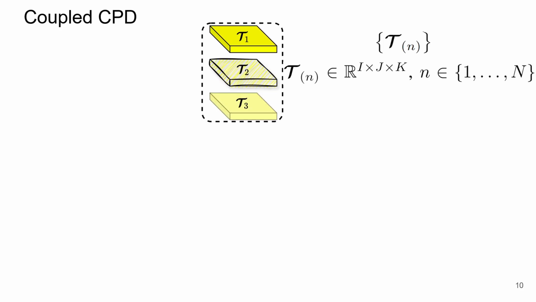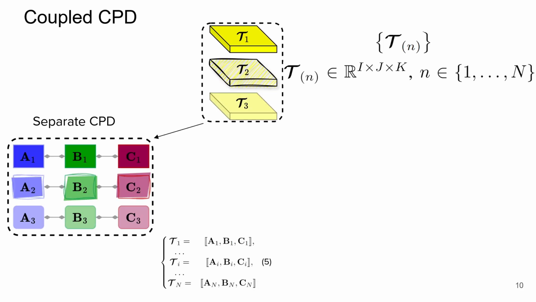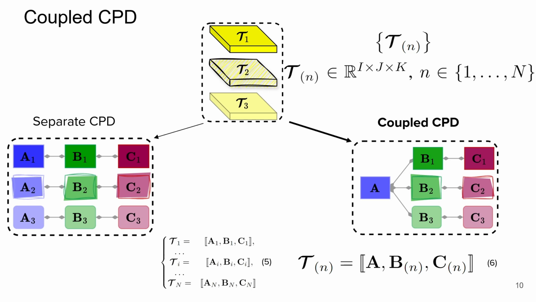Yes, the answer is the coupled canonical polyadic decomposition. Let us consider a set of three-order tensors. With the first approach, we can decompose each tensor separately as shown in equation 5. The second approach applies the coupled CPD, where the tensors are jointly decomposed along a shared mode. In our work, we focus on the first mode for the coupling, since it accounts for the largest portion of the parameters.